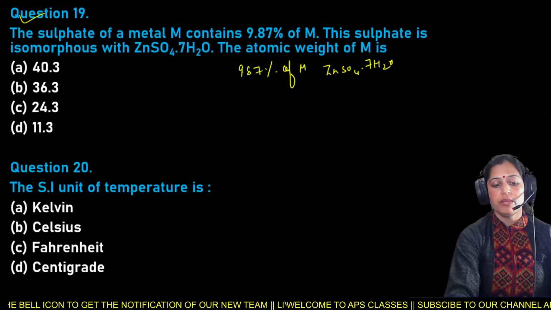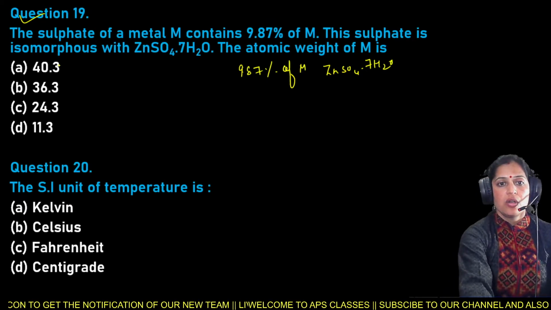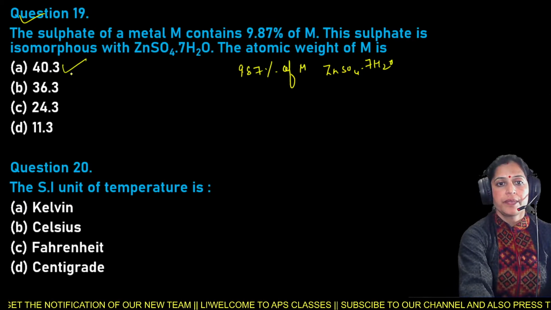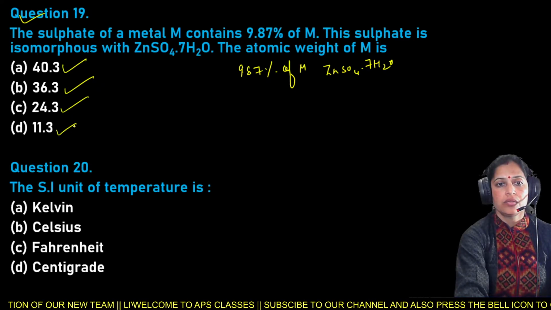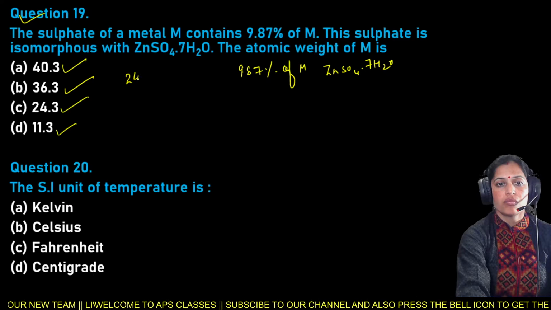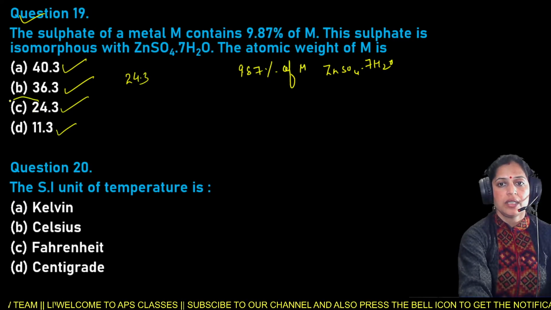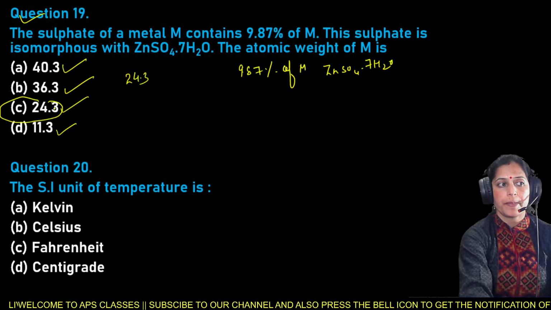Then the atomic weight of M is: options are 40.3, 36.3, 24.3, and 11.3. So here the right answer is 24.3. This is the atomic weight of M.